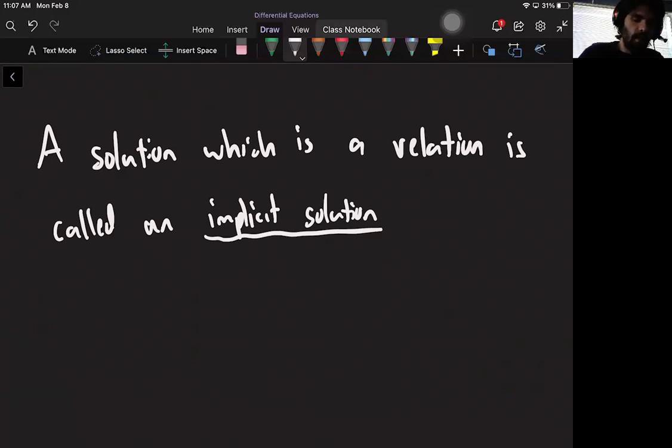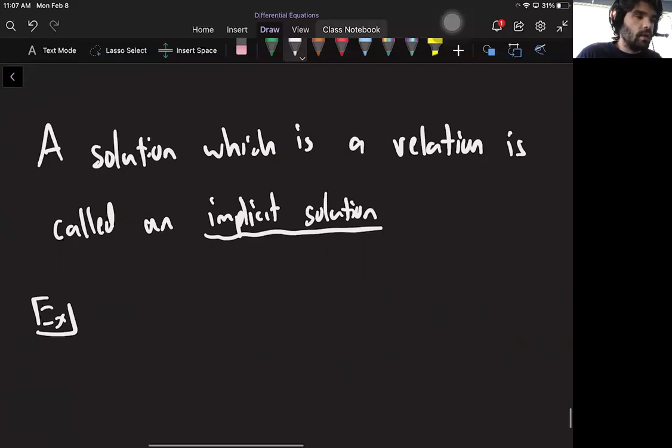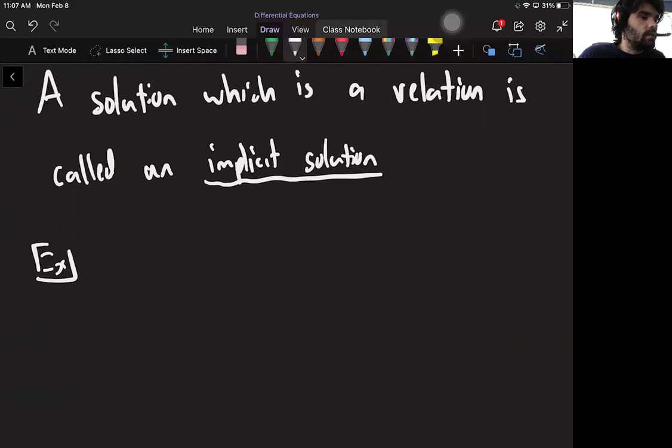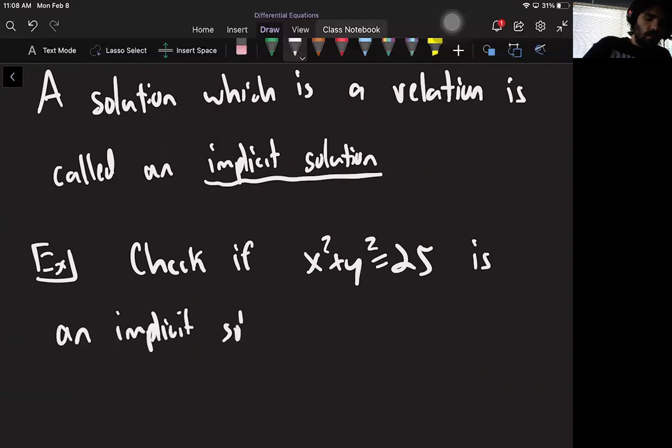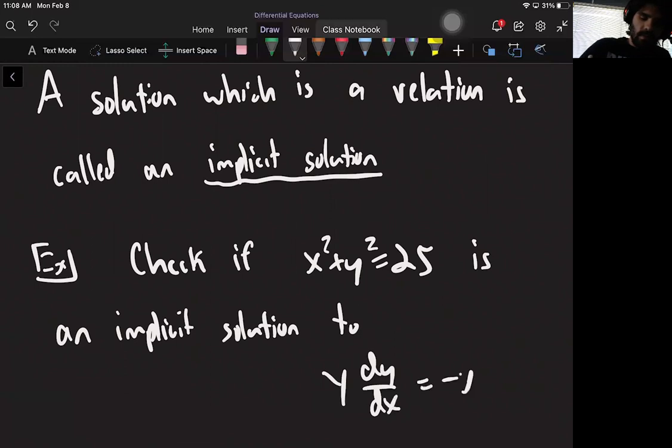Well, if you do implicit differentiation, you're always doing it on an implicit solution. Okay, so let's do it. Let's check if this thing, which is a relation, is an implicit solution to the differential equation y times dy dx equals negative x.